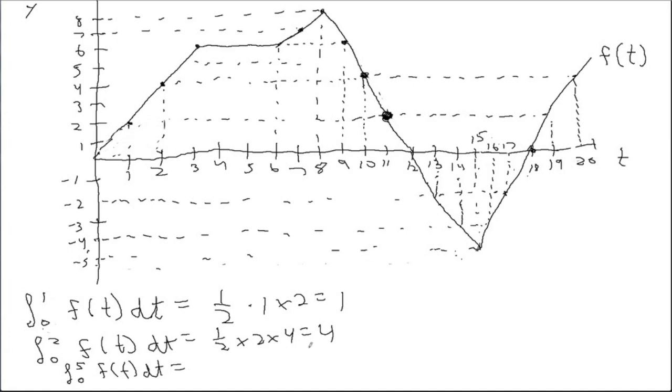So the area of the triangle is 9. And then you add the area of the rectangle between 3 and 5, and that is 6 times 2, 12. So 12 plus 9 is 21. So the definite integral of f of t between 0 and 5 is 21.